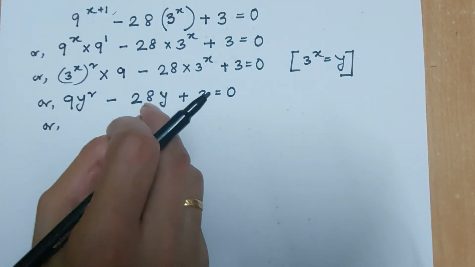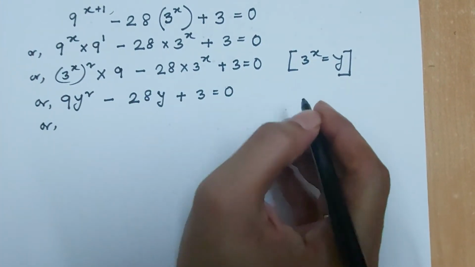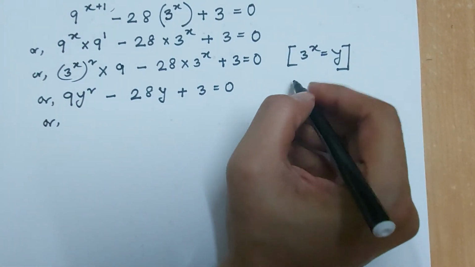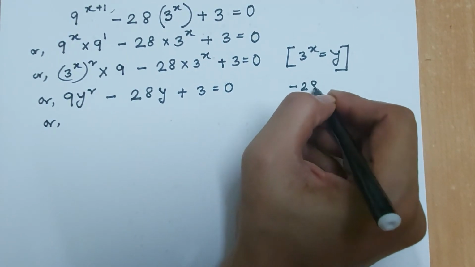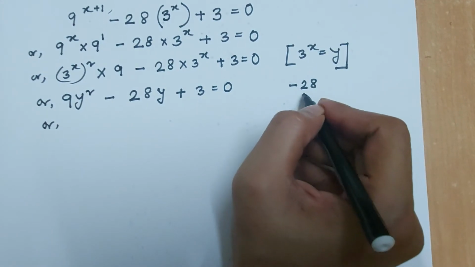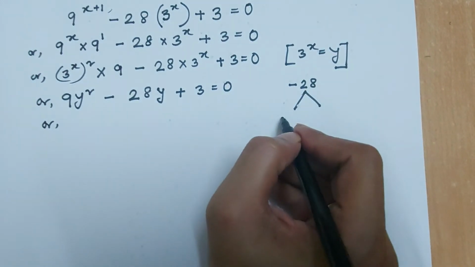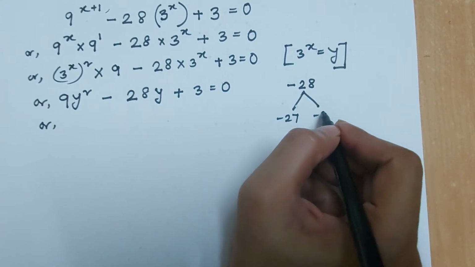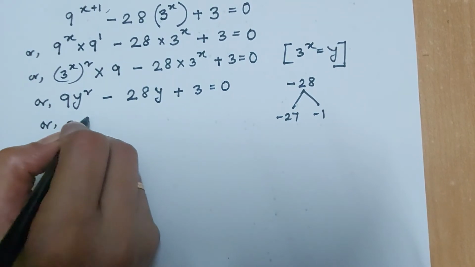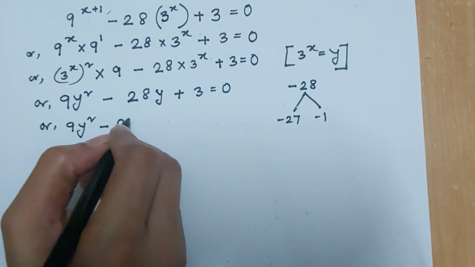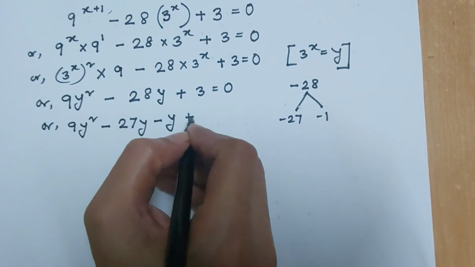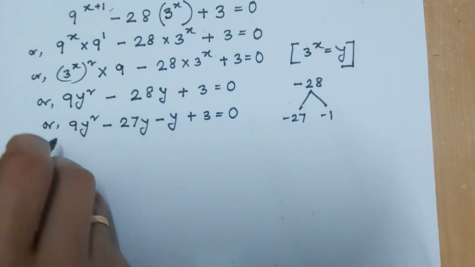I will factorize 28: 9 into 3 is 27, and it is negative 28, so I will break it as minus 27 and minus 1, so it is 9y square minus 27y minus y plus 3 equal to 0.